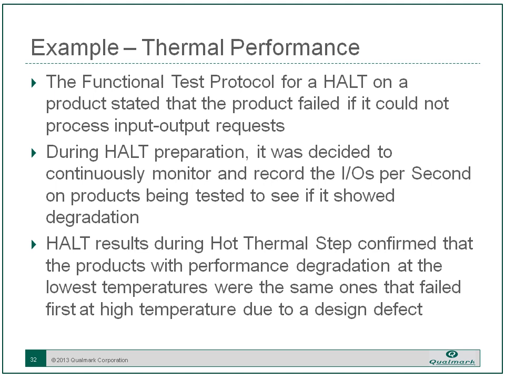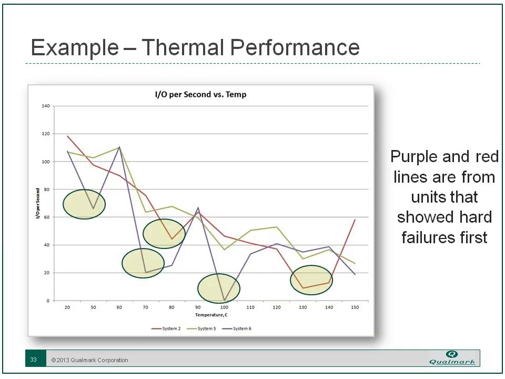And so what we saw, things like this: here I picked graphs from 3 different products, and here we have the temperature as we increase the temperature during HALT, and here are IOs per second. I've highlighted on this product and on this product the places where they were really outside of the norm for IOs per second.